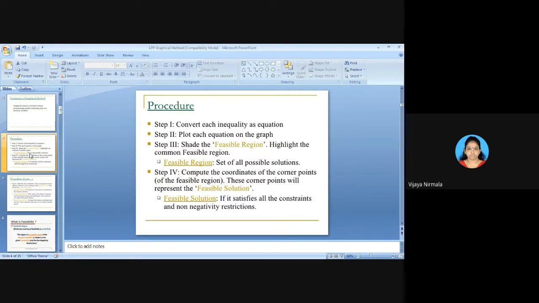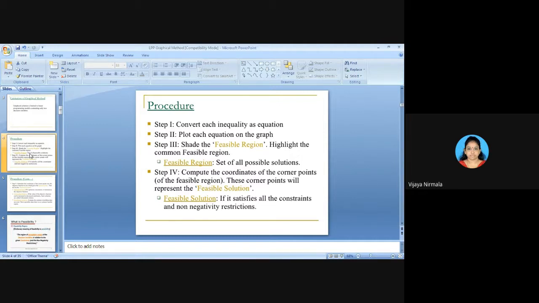We write the constraints as inequalities, like x1 plus 3x2 greater than or equal to 24 or less than or equal to 32. Those inequalities are converted into equations. That is the first step.